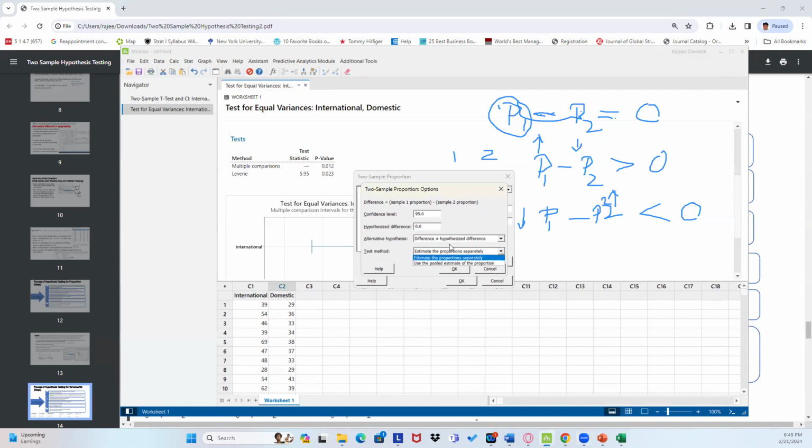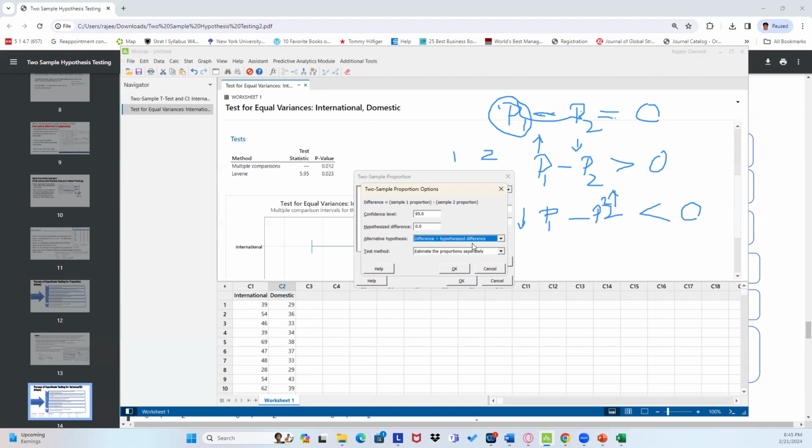So here you can see not equal, difference is less than 0. That means this is the alternative. So the null hypothesis will be that P1 is greater. In this case, P2 would be higher because we are talking about the alternative.